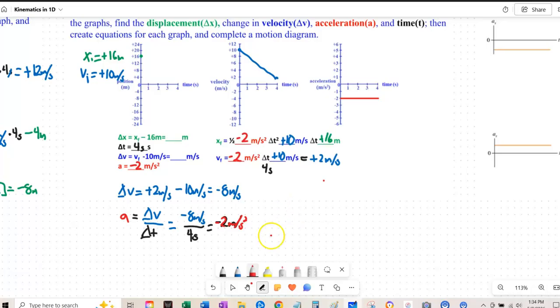Okay. Another way we could figure out the change in velocity is this area right here, right?